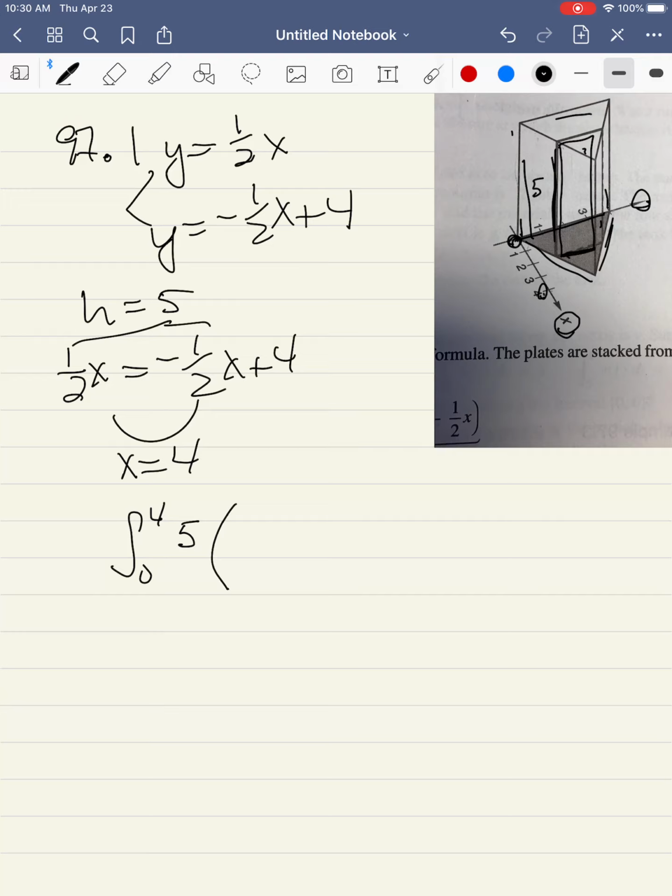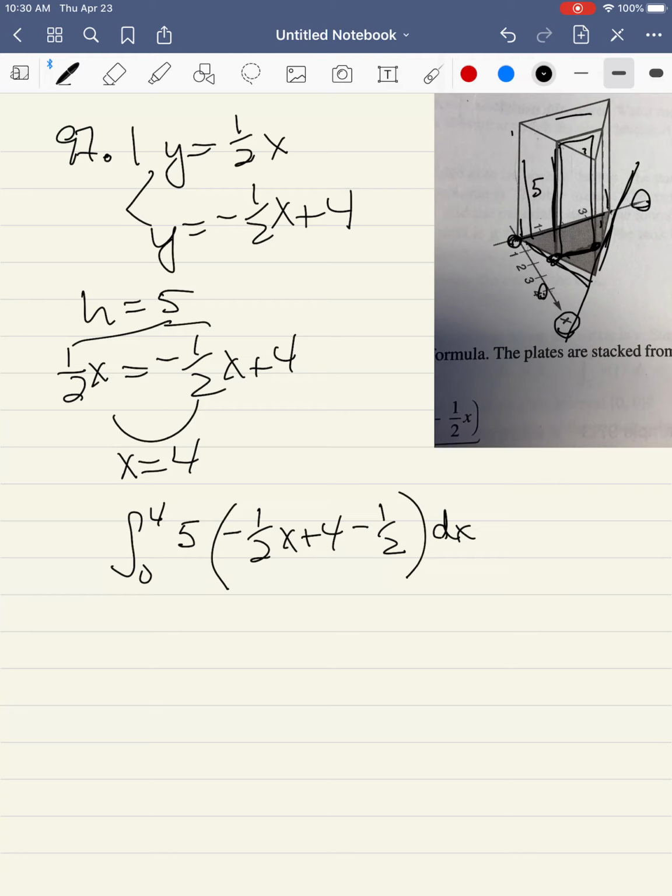And then this length right here will be this y value minus this y value. So this equation is the equation that has the negative slope. So that's going to be minus 1/2 x plus 4, and then minus this one. And then, don't forget your dx, please.